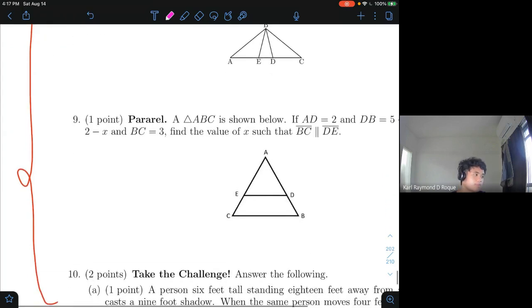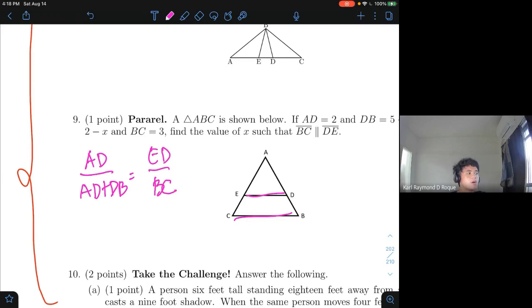May similarity. So, kailangan maging similar triangle sila, di ba? Yun ang goal natin. Number 9. Maging similar triangles yan pag parallel. Diba? Solve for x, ipasok lang yung mga value.